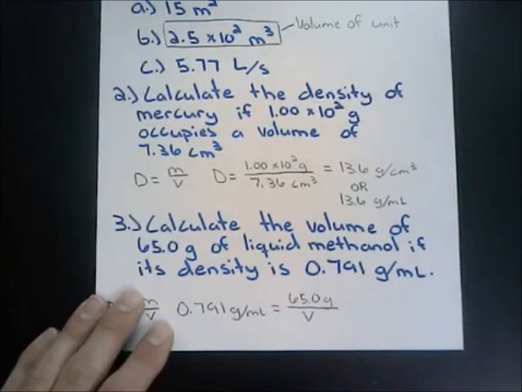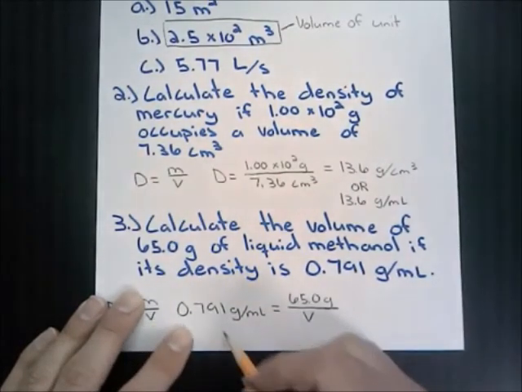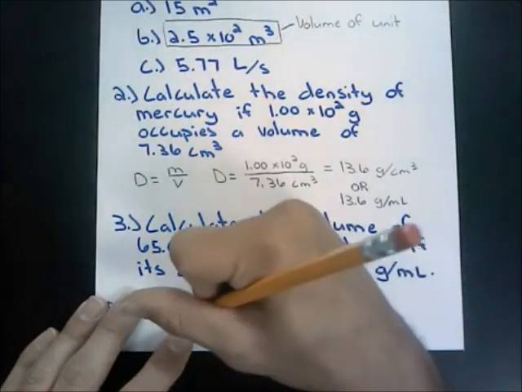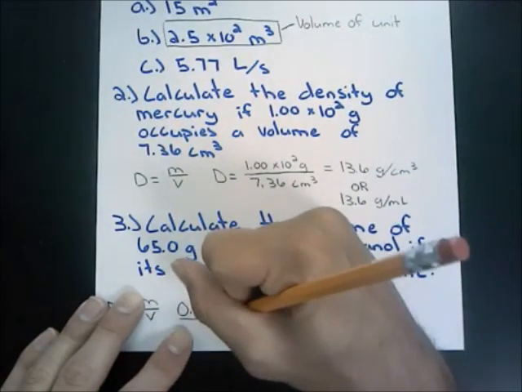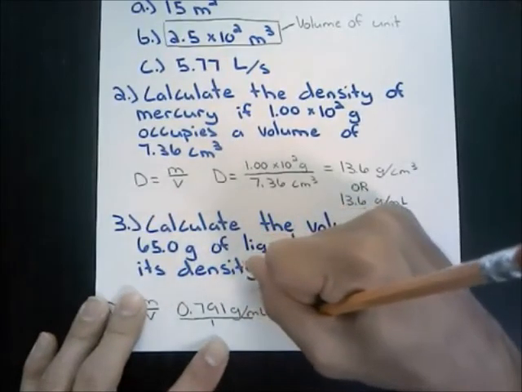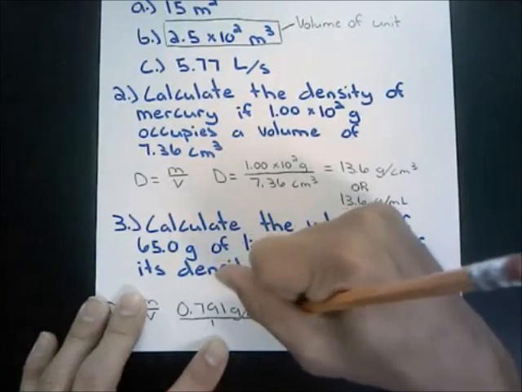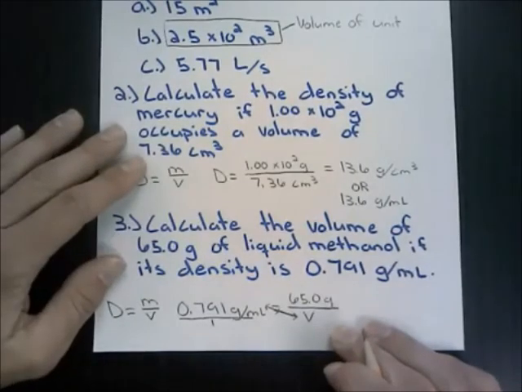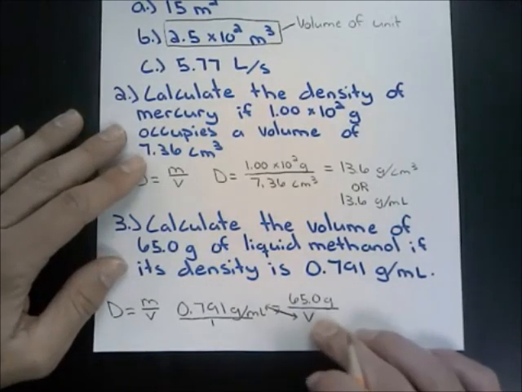And now we have to do a little algebra. So to do this, we're going to pretend that these things are equivalent fractions. So all I'm going to do is put 0.791 over 1, and then I am going to cross multiply. So I'm going to take 0.791 times our V for volume.